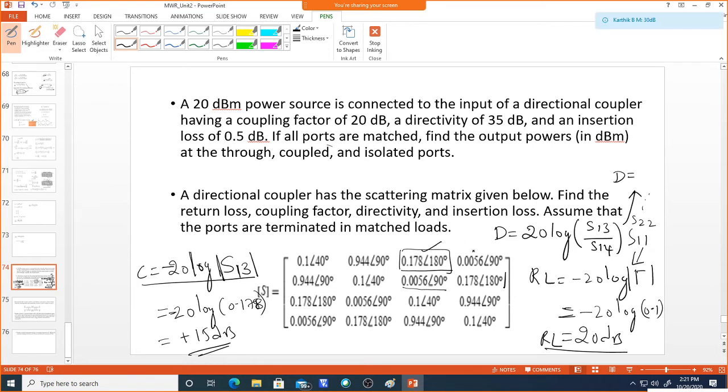S13 is this one, S14 is this one. It is the ratio of 0.178 by 0.0056. So what is the value?